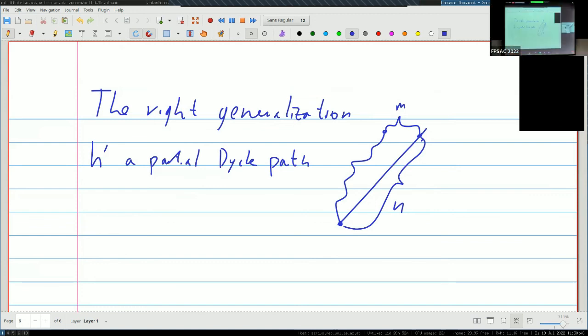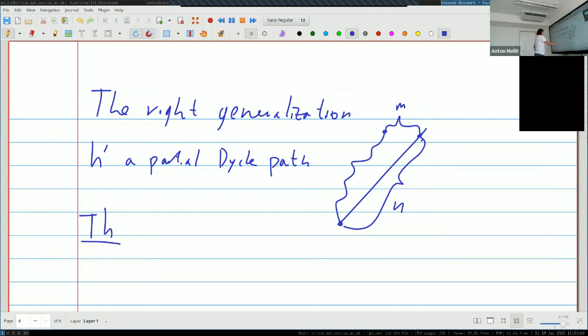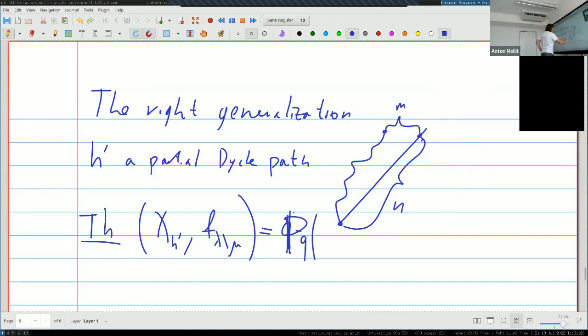Yeah. Thank you. So for this, we obtained this counting problem for a partial weak path, where we have a similar theorem that chi h prime scalar product with a certain function f, which depends on the skew shape, but now the skew shape can be more general, is the number of, like in my notation, corresponding P Q of the shape and partial weak path.